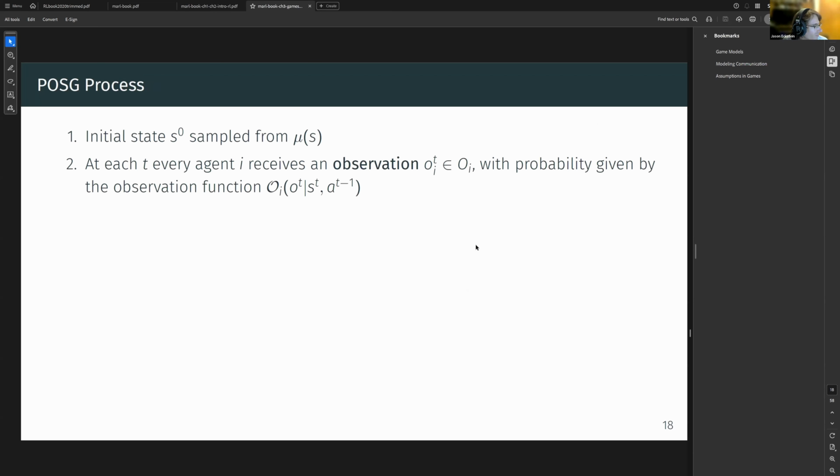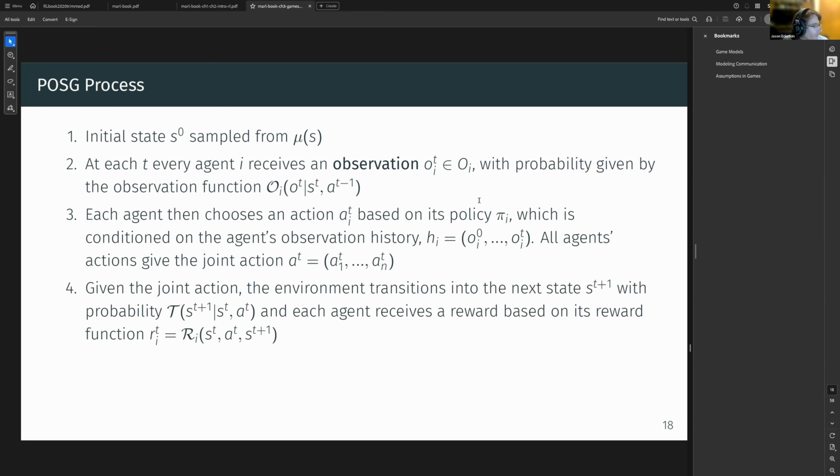And on top of this, the policy now, an agent receives an observation, which is given by some function which tells you how to translate the actual information from the environment into the limited information that an agent has as an observation. And then the history now is the history of the observations rather than the full state action history.